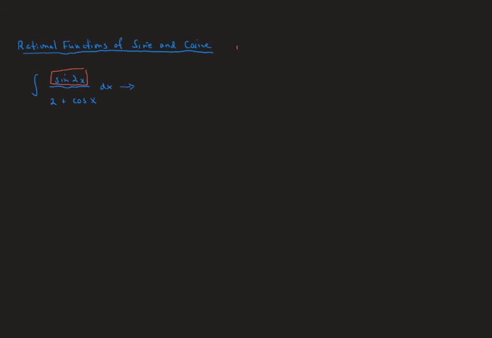There's a double angle formula that comes up occasionally for us, and I don't expect you to have it memorized, although it is pretty memorable, but we'll need it from time to time. So we'll trade that in now, calling that 2 sine x cosine x in place of sine of 2x, and then we have 2 plus cosine x in the denominator.